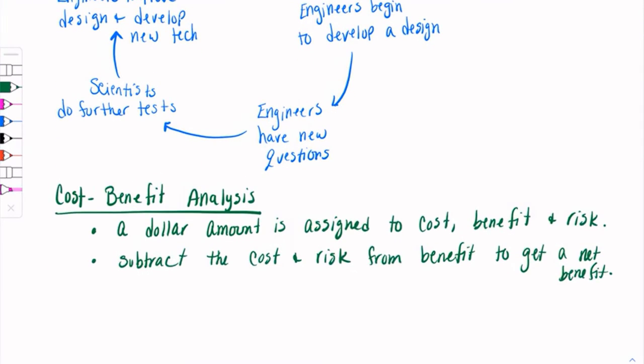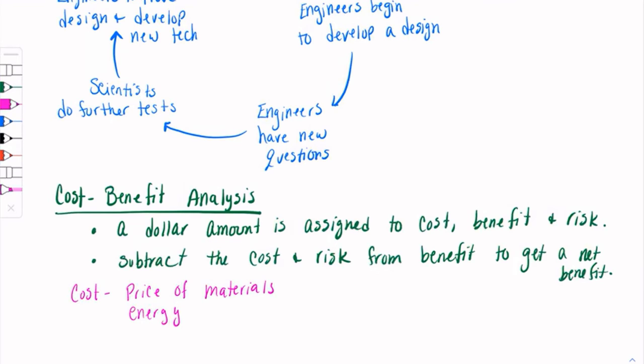So, what does the cost include? The cost would be, for example, the price of the materials, the energy you're using to produce your technology.